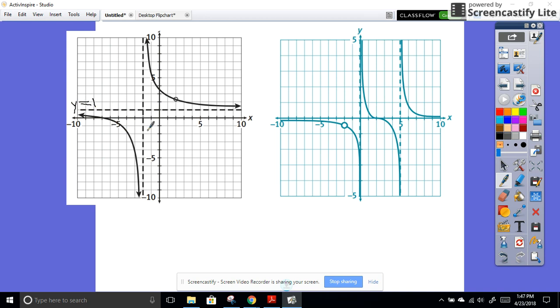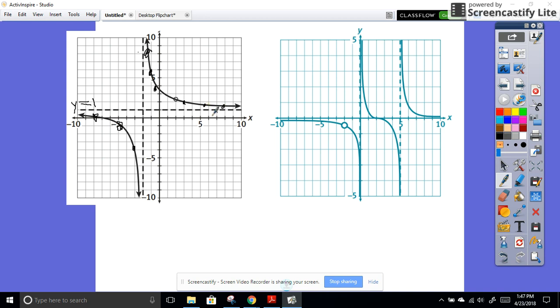So nowhere will you ever have a dot on this graph with a y value of 1. No dot on the graph will ever have a y value of 1.